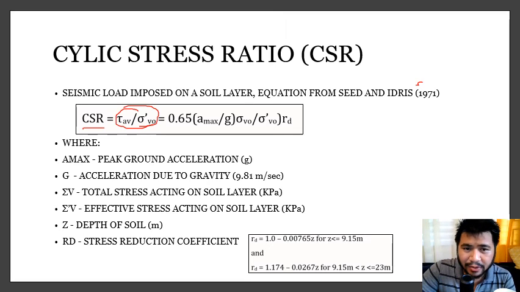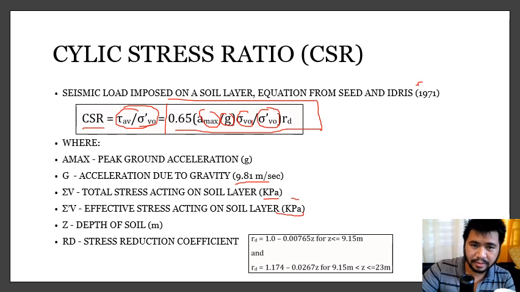But this can also be calculated by this equation. Basically, 0.65 multiplied by the quantity of your PGA divided by g, then multiplied by your total stress in kPa, divided by the effective stress in kPa, and then multiplied by a stress reduction coefficient.